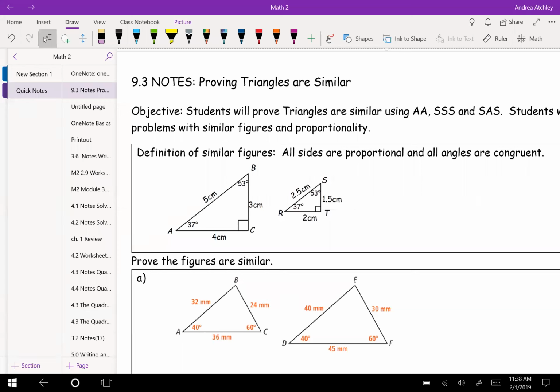So let's review our definition of similar figures: all sides are proportional and all angles are congruent. So what does that mean?